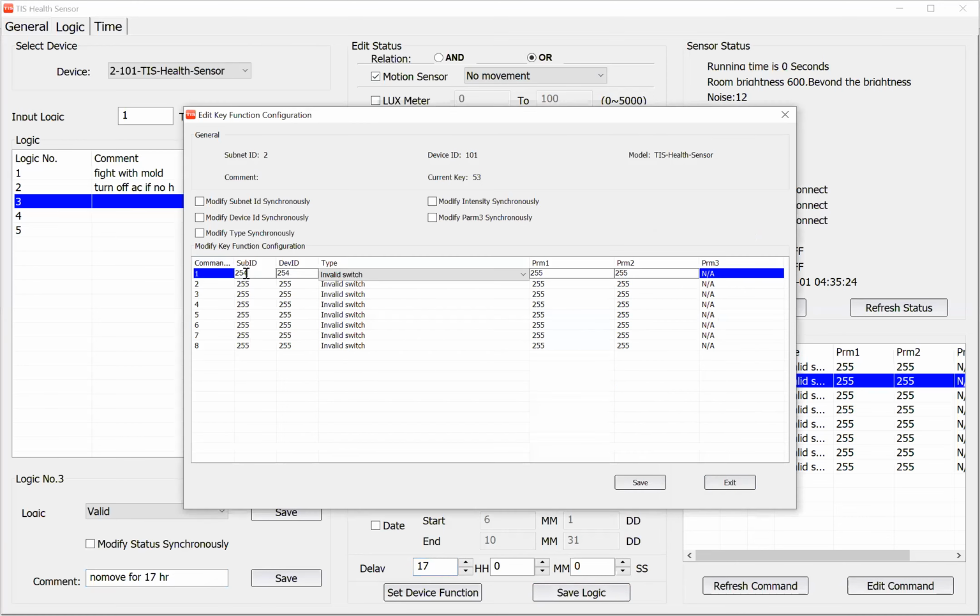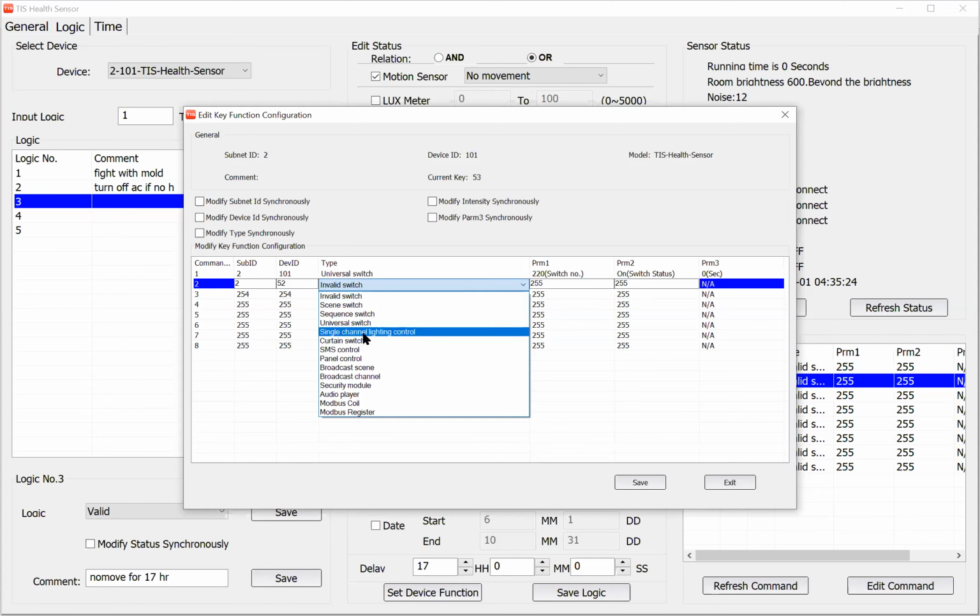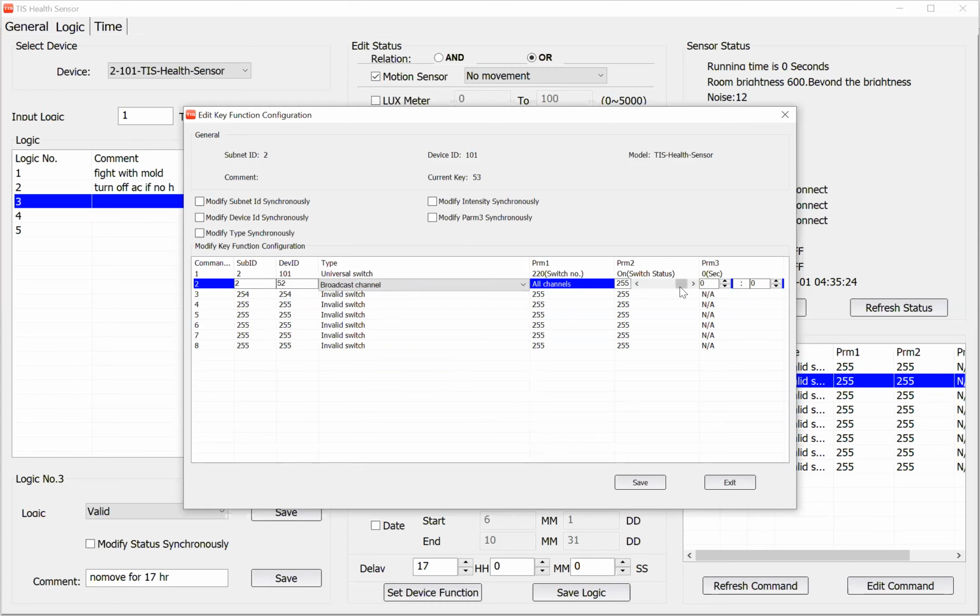Therefore, here we turn on flag number 220 because we want the two above logics to work. And also here we can turn off all the lights when we set the home to energy saving. For example, here we turn off all the lights because we don't have movement for 17 hours.